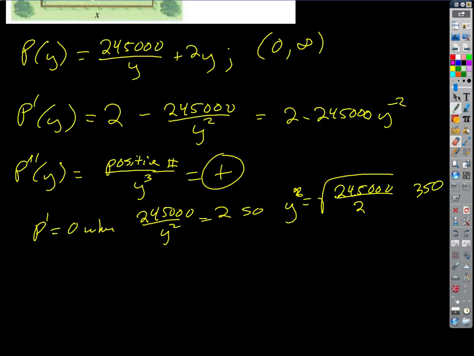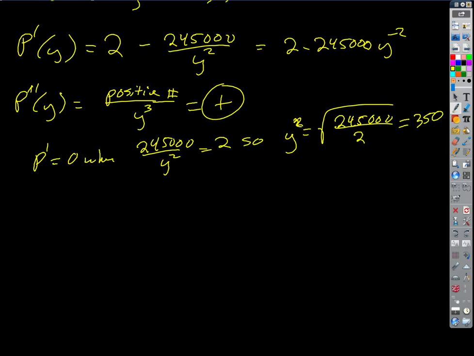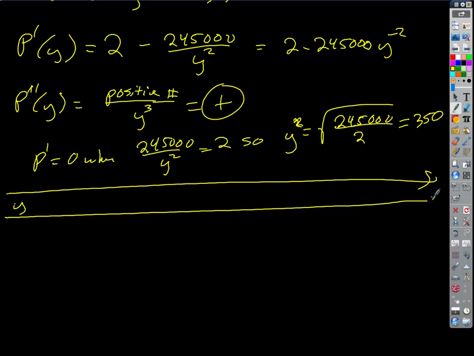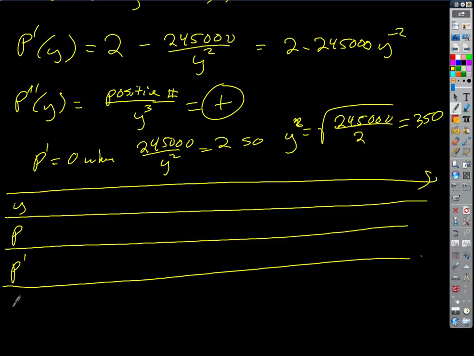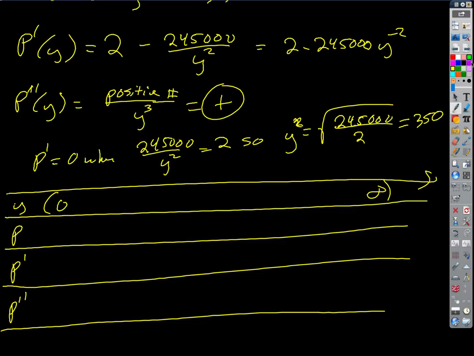Okay, so y equals 350. Okay, so we get one critical number at y equals 350. So on our domain, there's our critical number.